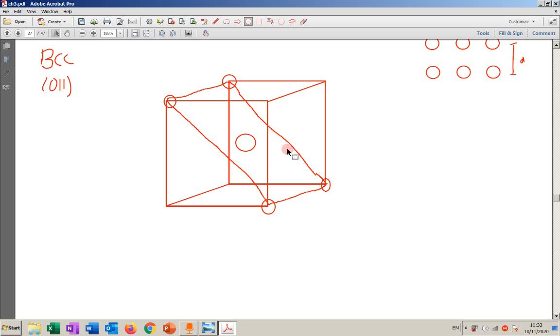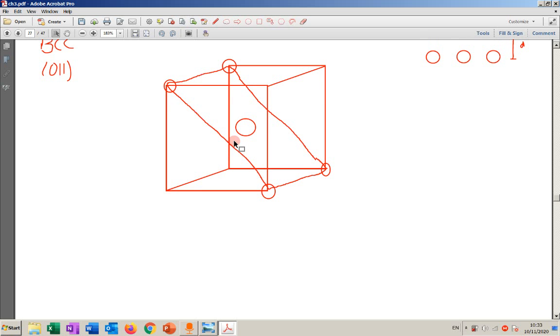Because we know that there is one atom in the middle and this plane passes through the middle of the cube, so there will be an atom in the middle. Now again, we know that this edge is A and this is root 2A. Now let's specify or draw some cases to see which one will be true.